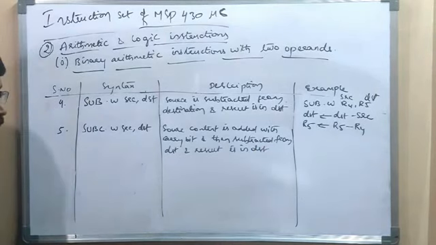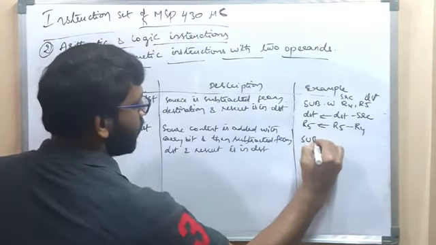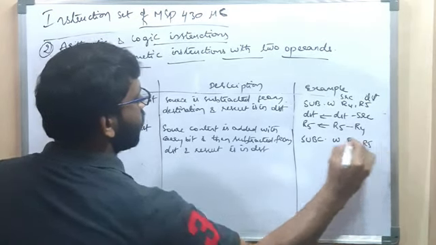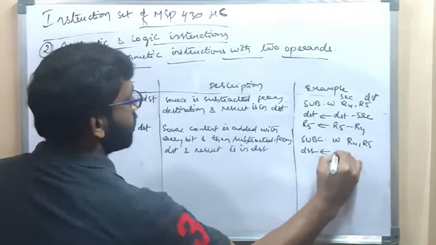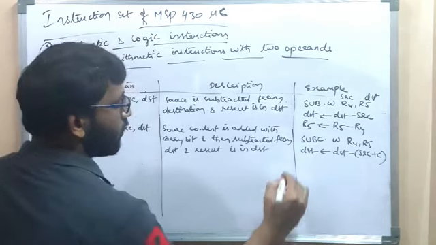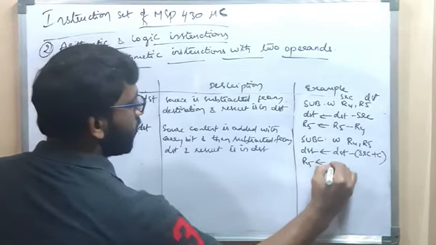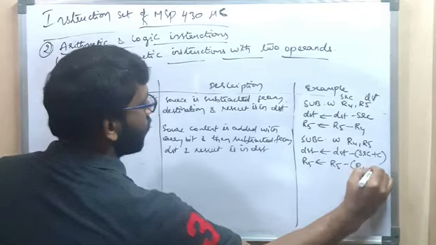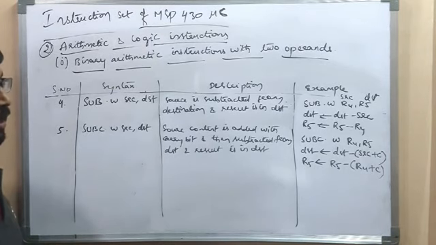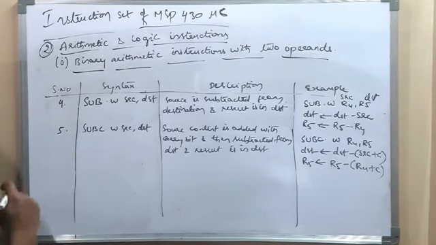If you take the example of this, SUBC dot W R4 comma R5, the meaning of this is destination implies destination minus SRC plus C carry bit. So here destination is R5, R5 implies R5 minus R4 plus C, right? So source content is added with the carry and it is subtracted from destination. That is subtraction along with carry.